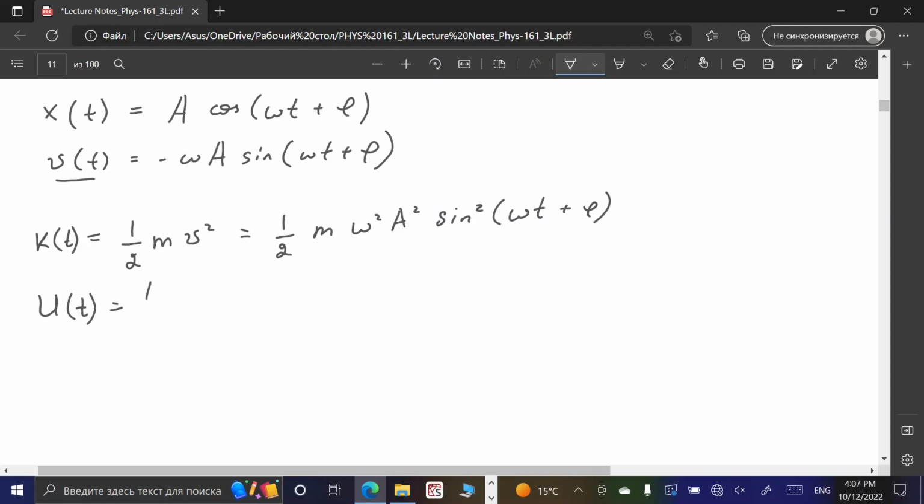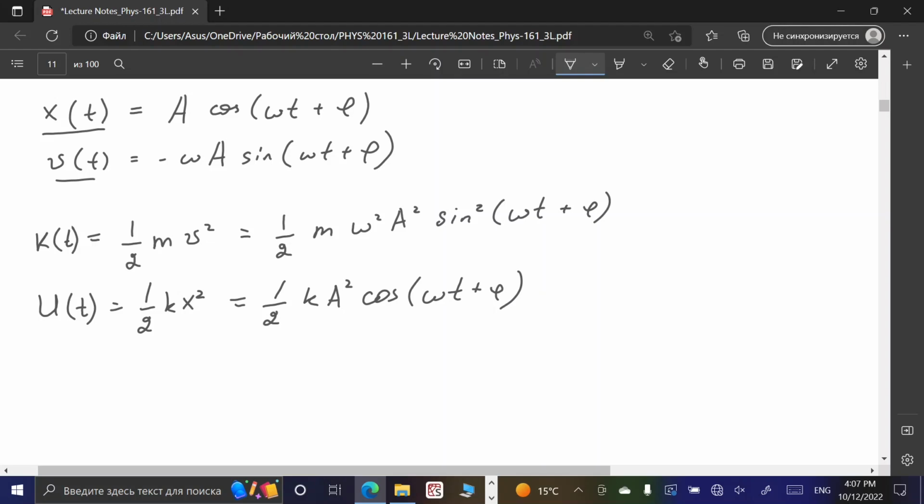Good. So we write 1/2 k times x squared. So we know also expression for x as a function of time. So we substitute it here. It will be 1/2 k A squared, not cosine, cosine squared of omega t plus phi.